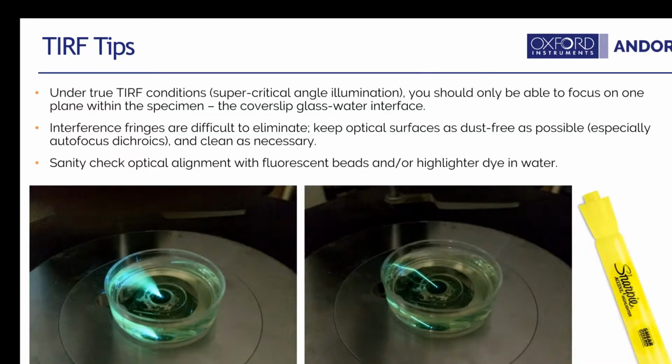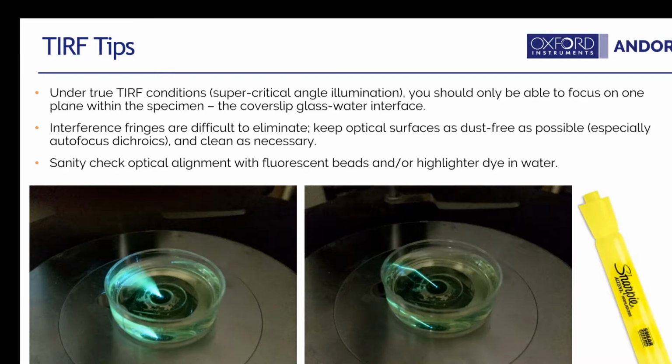Finally, let me end this presentation with a few practical tips for anyone wanting to try out and use the TIRF imaging technique. First, under true TIRF conditions, and by that I mean when the laser beam is set to a supercritical angle of illumination, you should only be able to focus on one plane within the specimen, the coverslip glass-water interface.